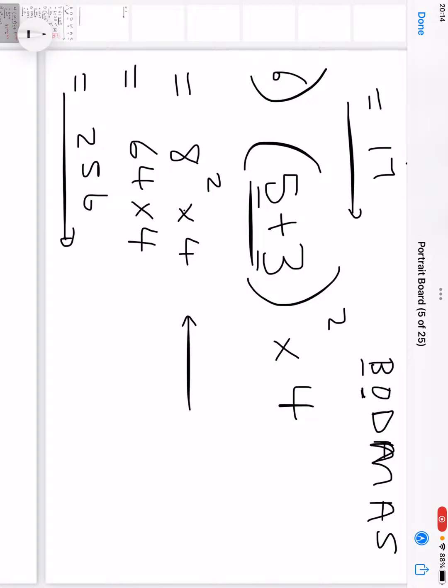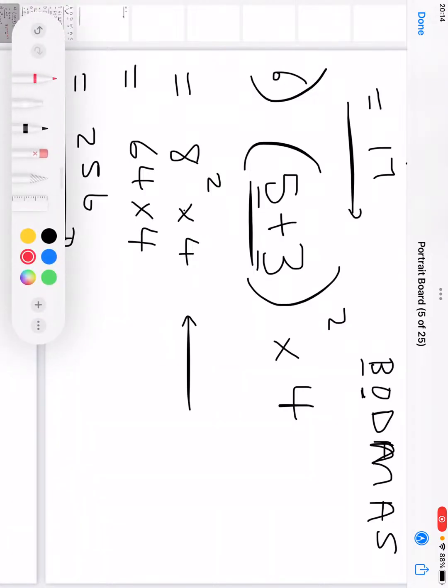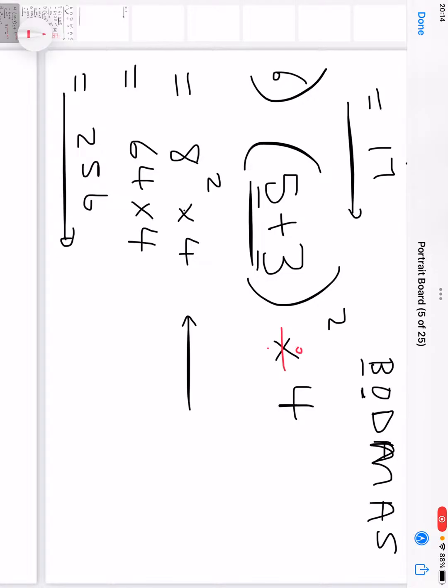Should I add a spice on that one? Maybe not, because the spice that I'm thinking about is the one where instead of having a multiplication, I have a division there.